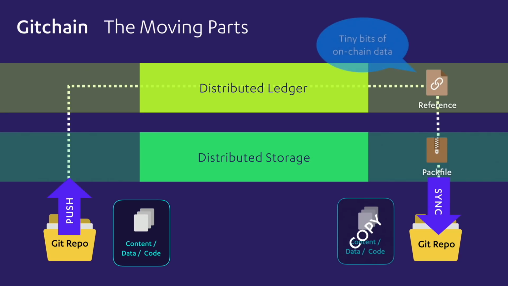So that's essentially what Git, the protocol, is doing for you: figuring out how to unwrap these pack files to create a very consistent folder structure. So that's the moving parts. The key here is that we are only storing tiny bits of data on chain.